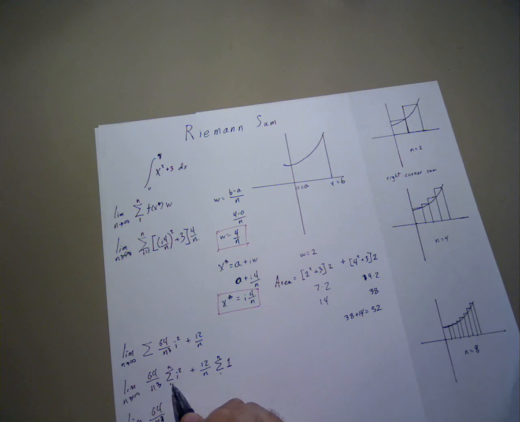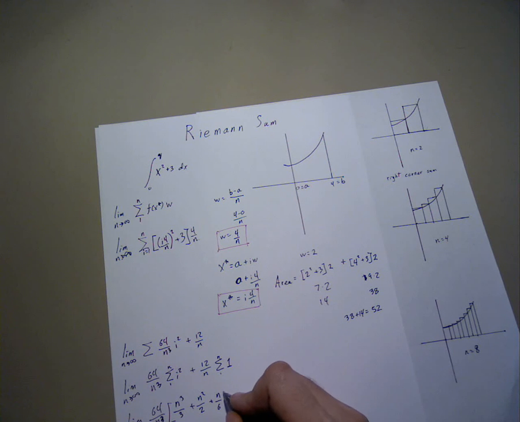This summation right here becomes n cubed over 3 plus n squared over 2 plus n over 6.